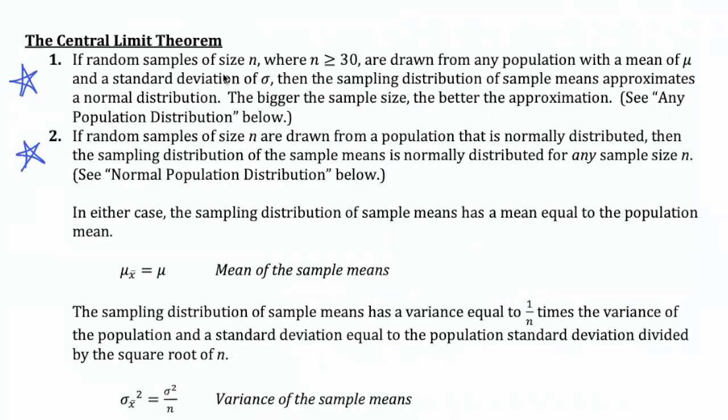Now, if your sample size isn't that large, then if random samples of size n are drawn from a population and you know the population is normally distributed, then the sampling distribution of the sample means will be normally distributed for any sample size n.